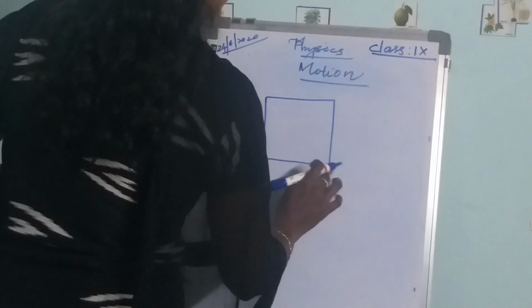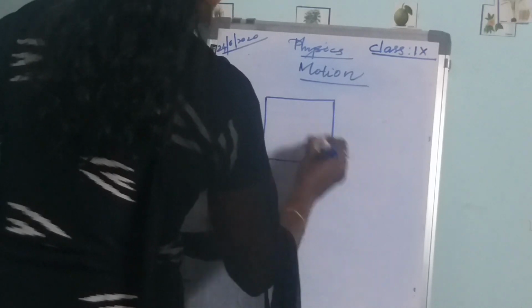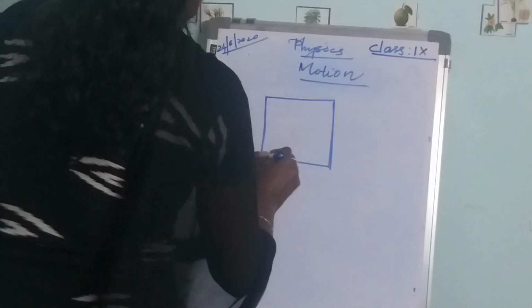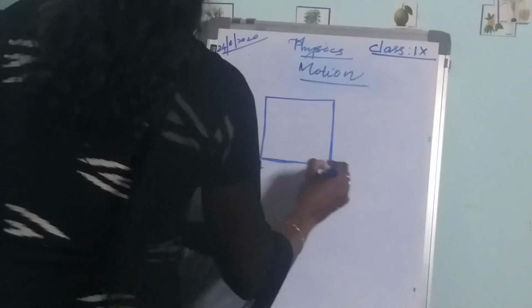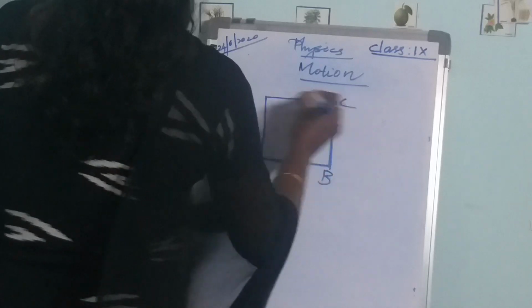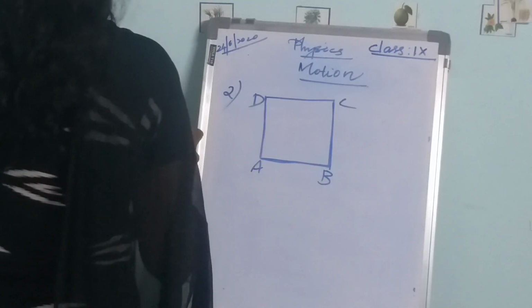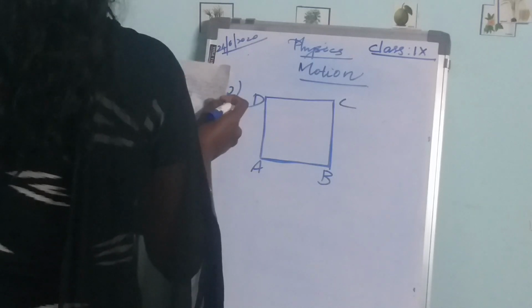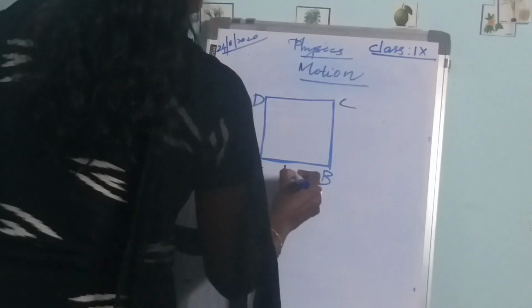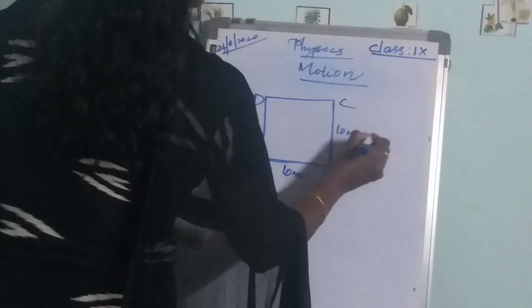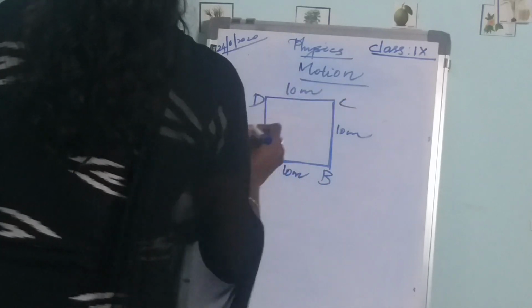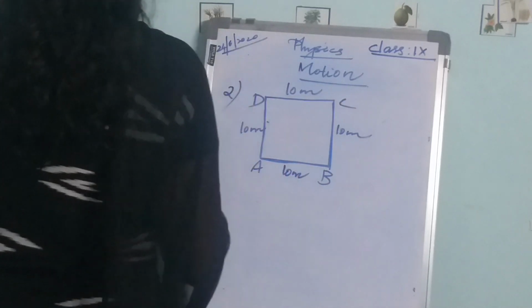The field is in the shape of a square. Okay, we can name this square as A, B, C and D. Side is also given, that is 10 meter. All sides are equal for a square, so 10 meter.